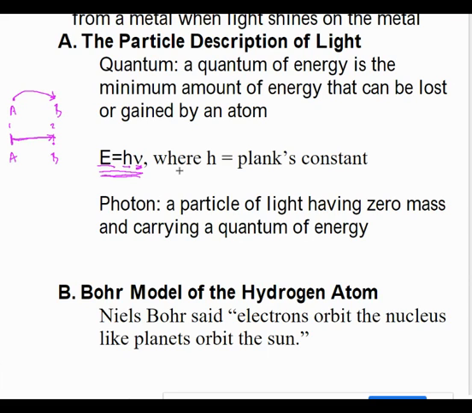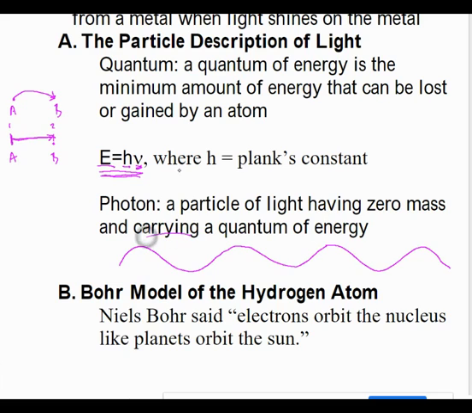A photon is a particle of light having zero mass and carrying that quantum of energy. So a photon is a very strange thing. Electrons are particles that act like waves. Photons are waves that act like particles. So this is my light that is going to be shining on my atom. And what it says is that it's going to carry these distinct quantums.